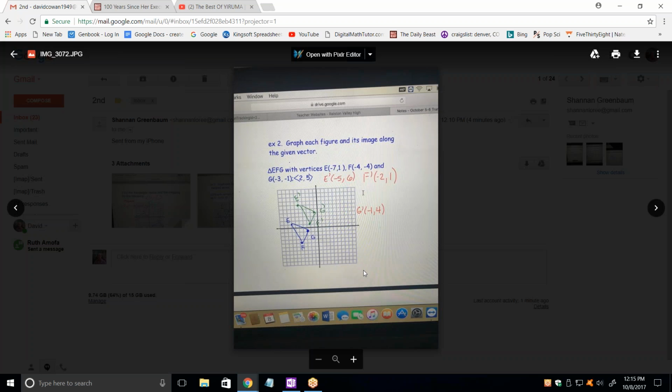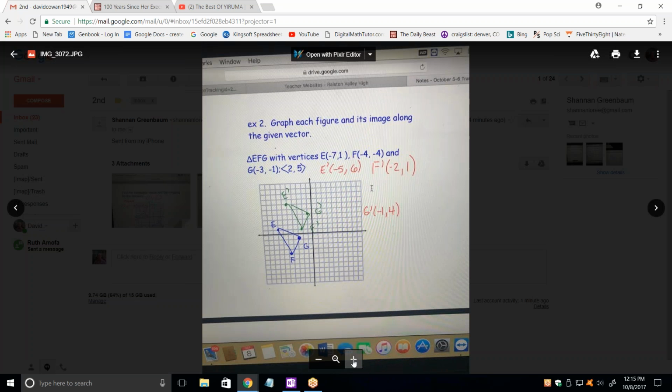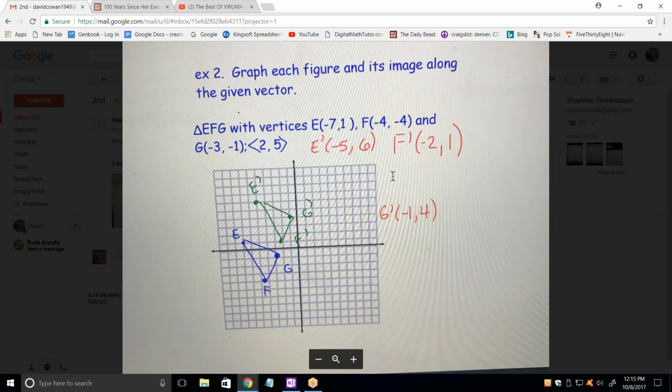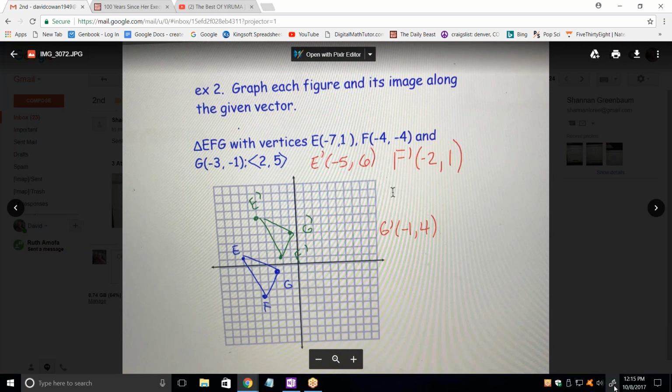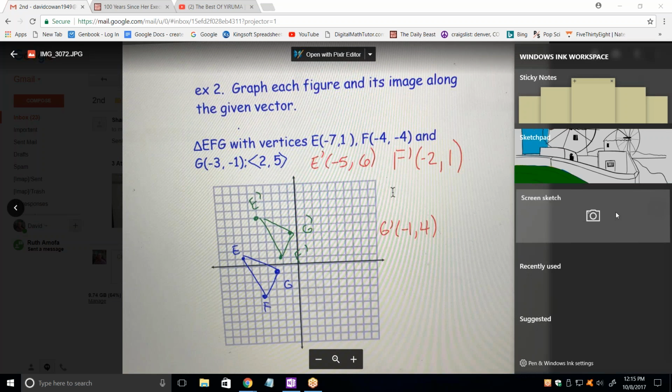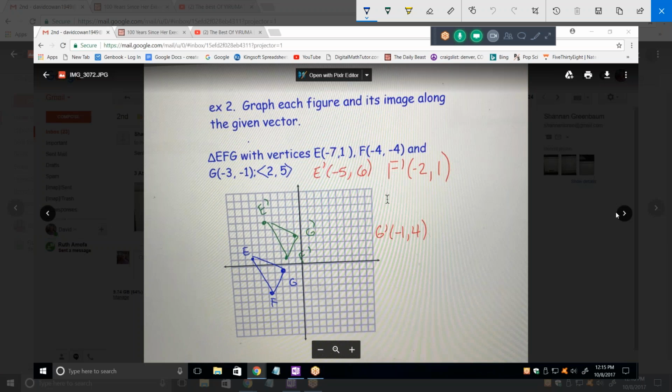I think this is still an example, but that doesn't necessarily mean we shouldn't look at it. This tells you exactly what they're doing. Here they're starting with the blue triangle EFG, and it gives you the 3 vertices and the translation.